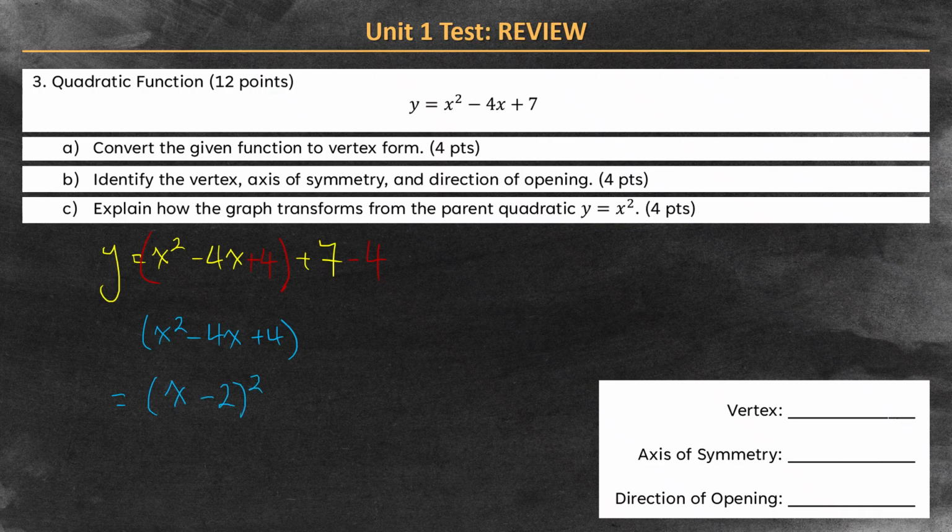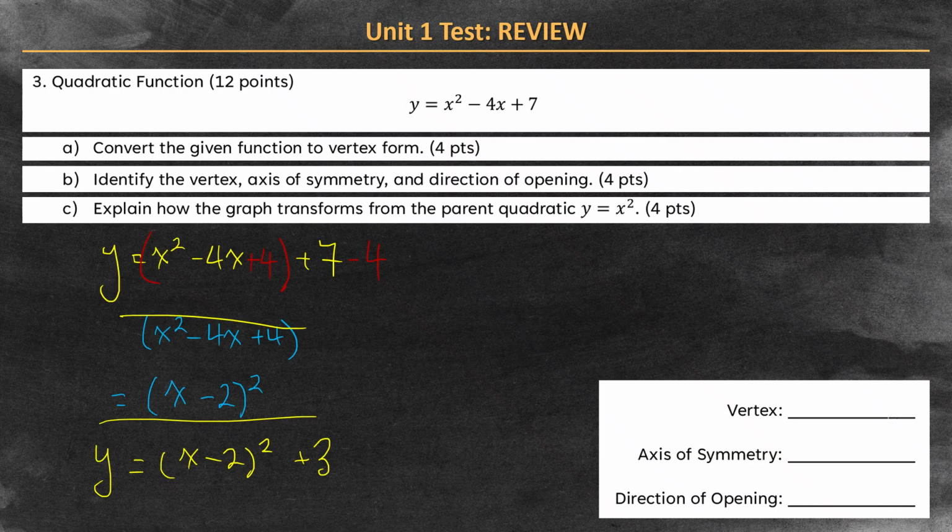So we can rewrite the original equation as y is equal to x minus 2 squared, and then what's 7 minus 4? It's +3. All right. So we have this converted equation in vertex form: x minus 2 quantity squared plus 3. That's the answer for part A.